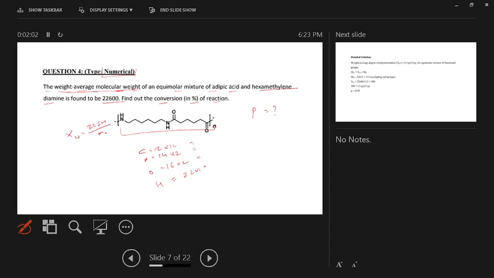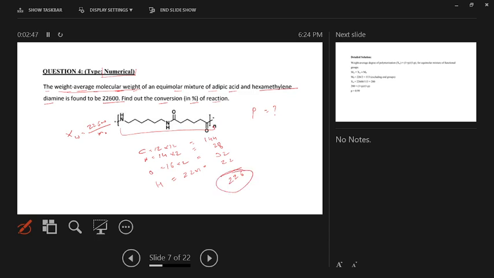If you work it out, you will get the exact value. It will be 144, then 28, then 32 and 22, which gives 226.